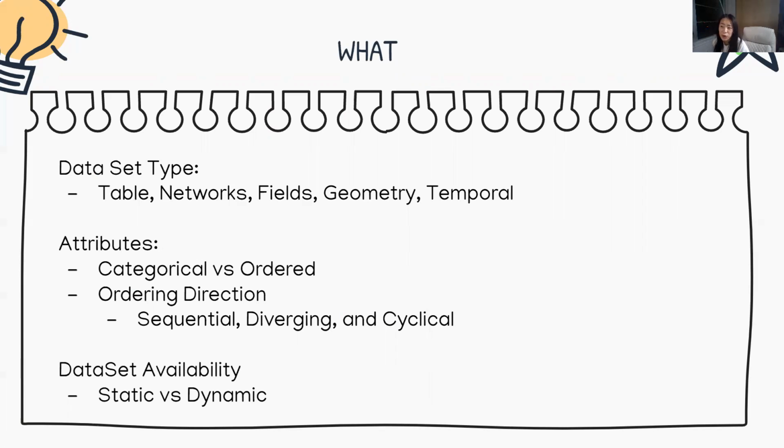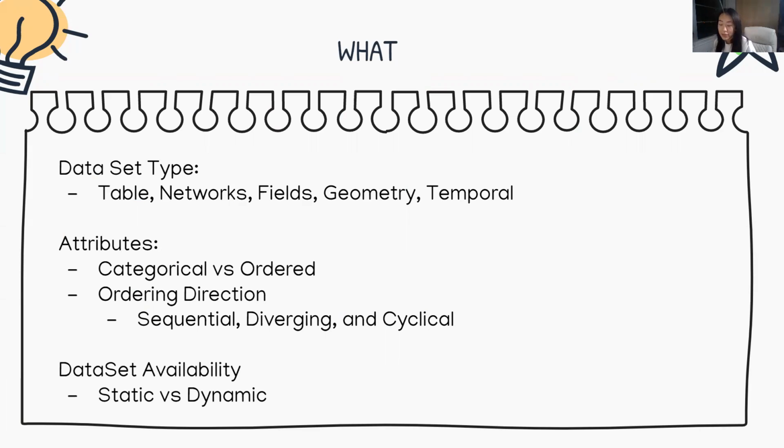Is this going to be categorical, like if you have clothes, pants and shirts, that's categorical, or ordered, like 1 to 10, that would be ordered data. And for order and direction, it could be sequential, which is just like 1 to 10 or January to December. Divergent, which would be like temperature, so if your Celsius is under 0 or above 0. Or cyclical. Actually, I think months are cyclical, because when you go to December, you go back to January again.